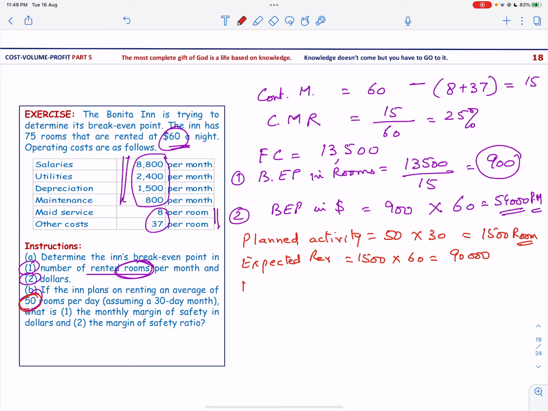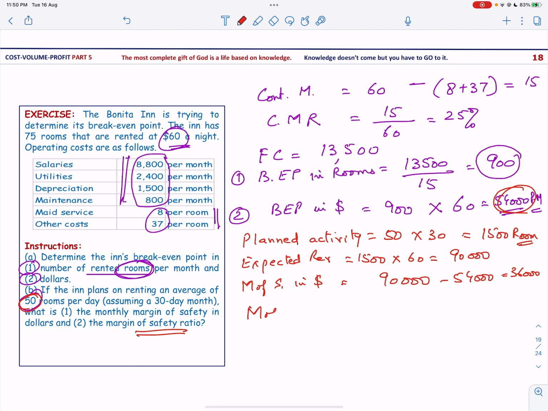Now the margin of safety in dollars will be 90,000, the expected revenue, minus the break even in dollars, that is 54,000. So the margin of safety is $36,000. Then they asked to calculate the margin of safety ratio.